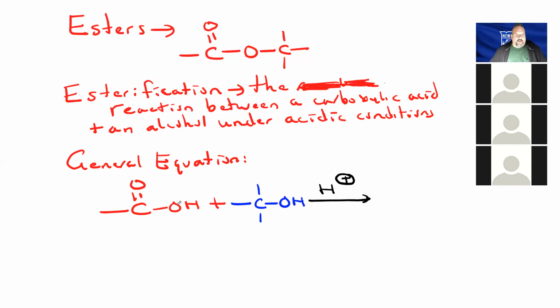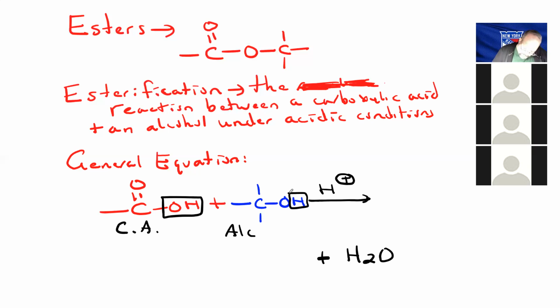So on the left side, we have our carboxylic acid. On the right side, we have our alcohol. The byproduct of the reaction is going to be water. So how does the reaction take place? First off, we go to the carboxylic acid, and from the carboxylic acid, we take off the OH. Then we go to the alcohol, and from the alcohol oxygen, the OH oxygen, I take off the hydrogen.